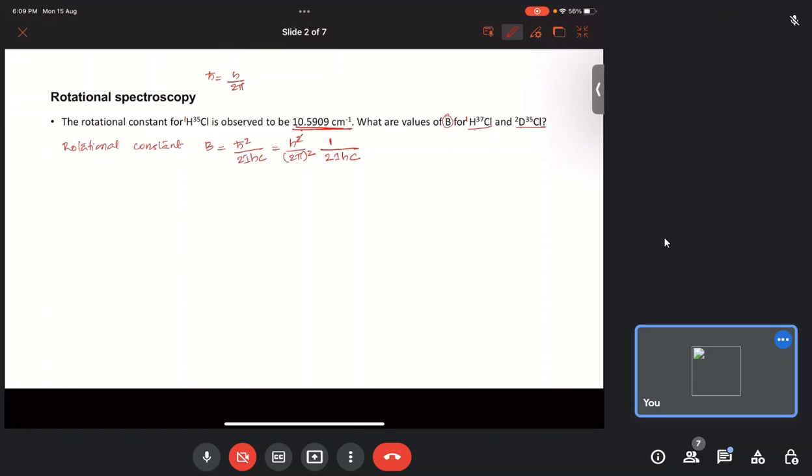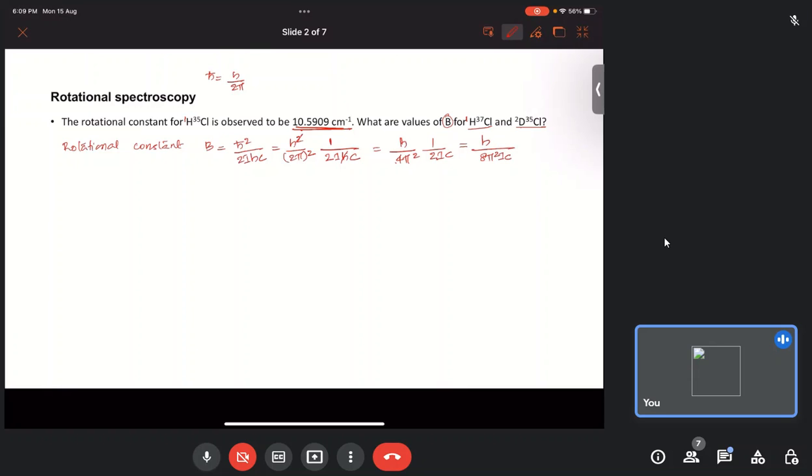We can cancel one h from the numerator and denominator, and 2 pi square becomes 4 pi square. 4 into 2 becomes 8, right? So this will become h by 4 pi square times 1 by 2IC, which we can write as h by 8 pi square IC.